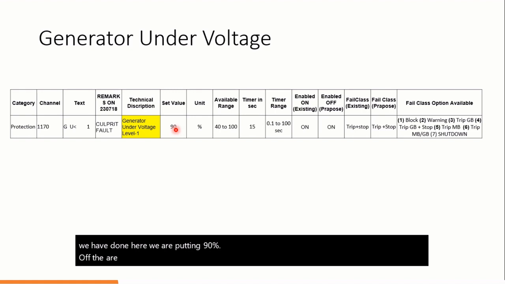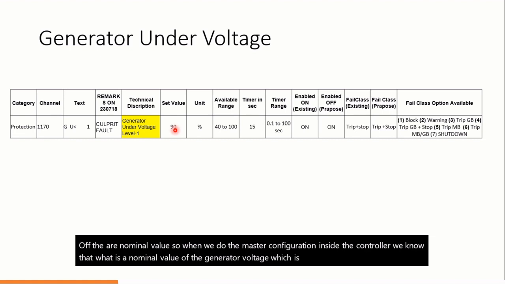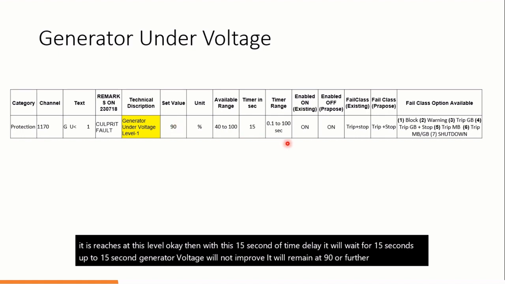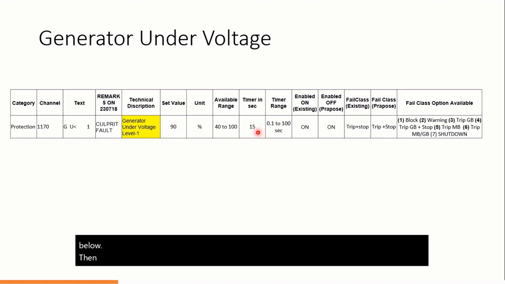When we do the master configuration inside the controller, we know the nominal value of the generator voltage, which is 415 volts. So 90% of this 415, once it reaches this level, then with this 15 second time delay, it will wait for 15 seconds, and if up to 15 seconds the generator voltage does not improve and remains at 90% or goes further below, then after these 15 seconds the master DEF controller will take an action.